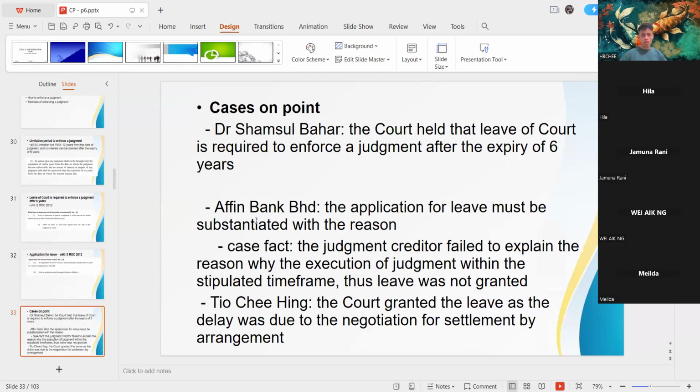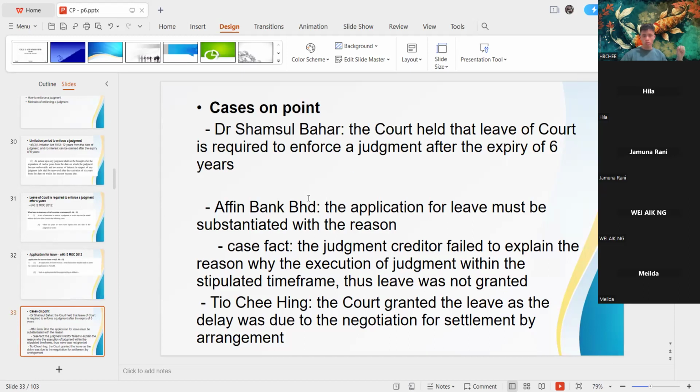Okay, in the case of Shamsul Baha, I think this one we will also have studied if you take the bankruptcy and winding up in your professional paper, because this is the first thing that you have to determine: whether the judgment debtor has committed an act of bankruptcy, as far as I can remember, Section 3 of your Insolvency Act 1967. So in this case, the court held that leave of court is required to enforce a judgment after the expiry of 6 years.